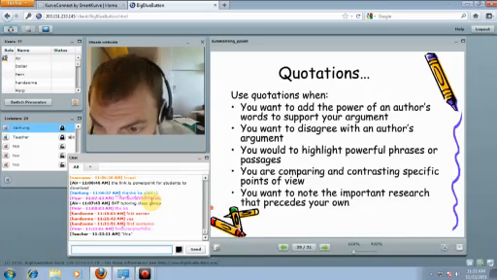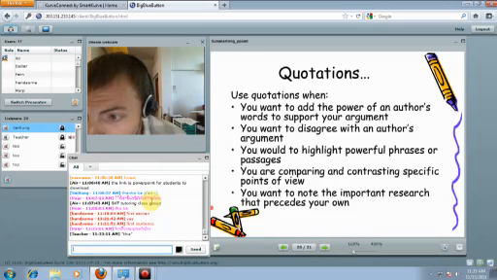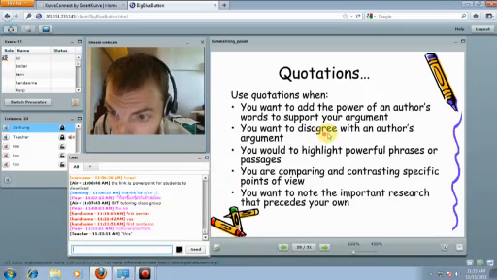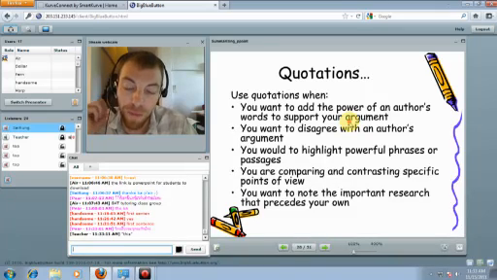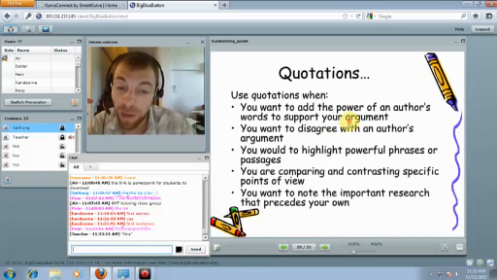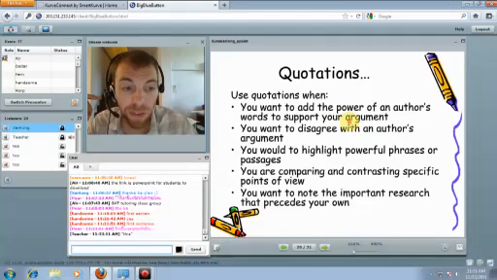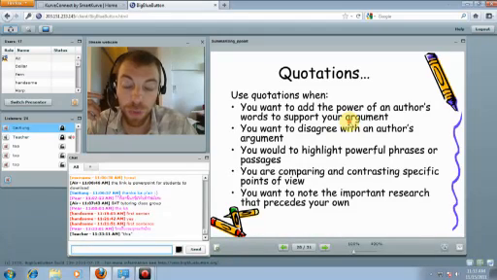Alright, so you want to add to the power of an author's words to support your argument. So if you have a good argument, a good idea, sometimes someone else has a similar idea, and you can use their words to make the power of your idea very strong.